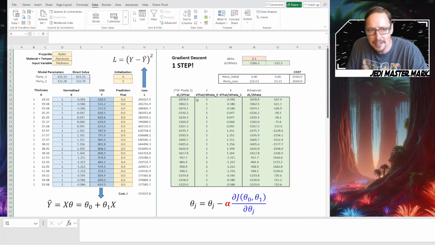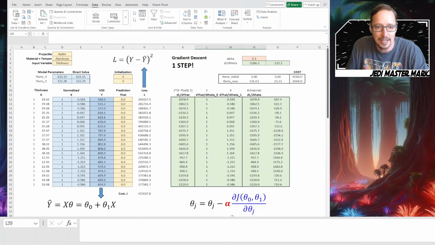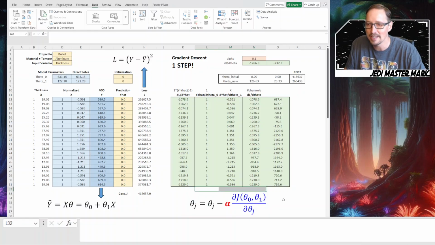And then if you look at a gradient descent step, what do you have? Well, you have the initial model parameters, and I'll try to outline down below, down here by this equation.